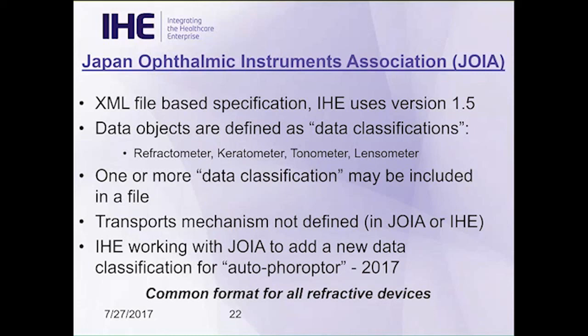Also, one important side note is Joya is working with ISO to make this specification an ISO standard. So we should be expecting that soon. You might notice we may talk about an ISO standard instead of the Joya standard, but in reality, it's the same thing that's going to be accepted into the ISO.